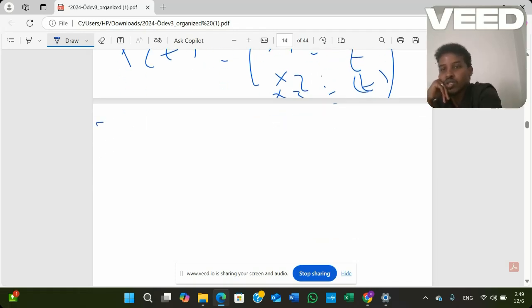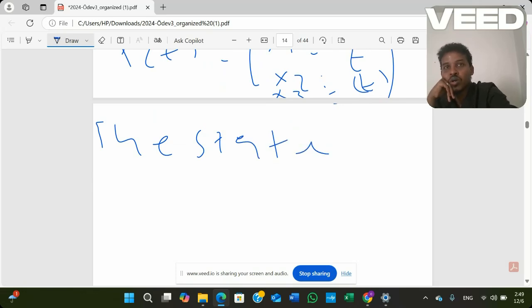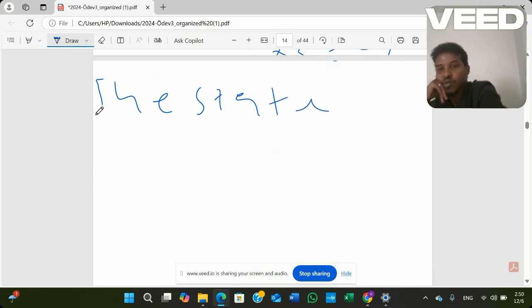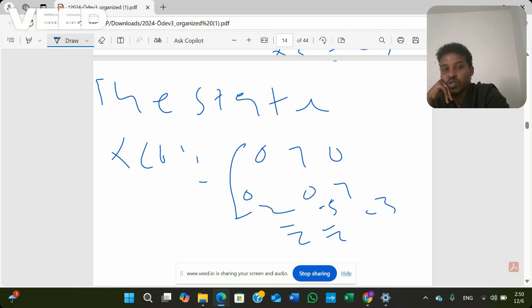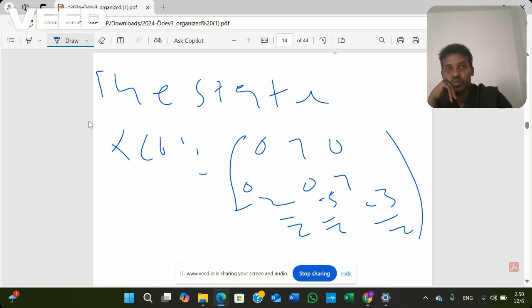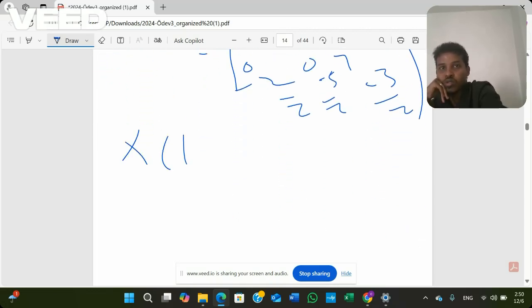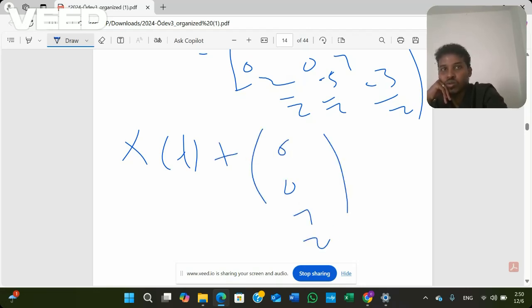The state equation can be written as x-dot(t) is equal to the matrix 0, 1, 0; 0, 0, 1; minus 2 over 2, minus 5 over 2, minus 3 over 2, times x(t), plus the vector 0, 0, 1 over 2 times r(t).